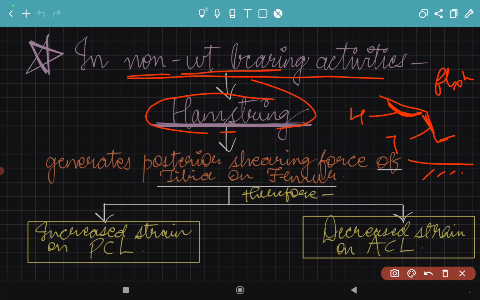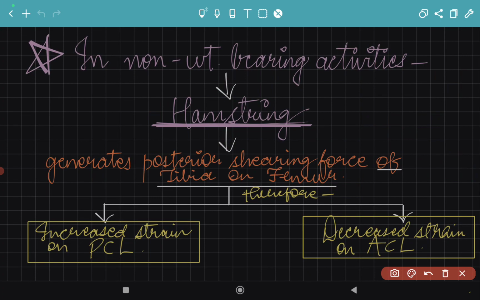So this is hamstring inserting somewhere here on proximal tibia and will create posterior shear of tibia on femur.